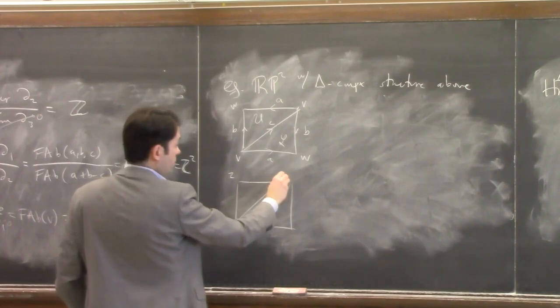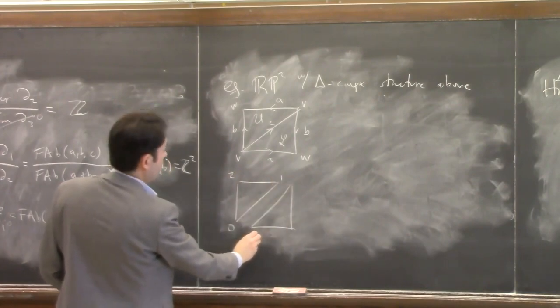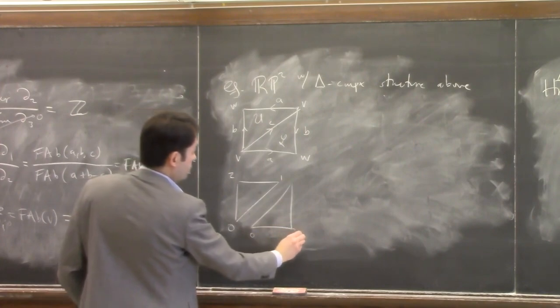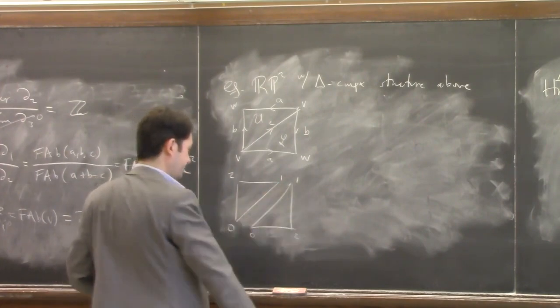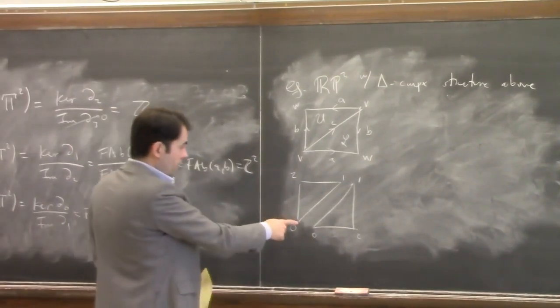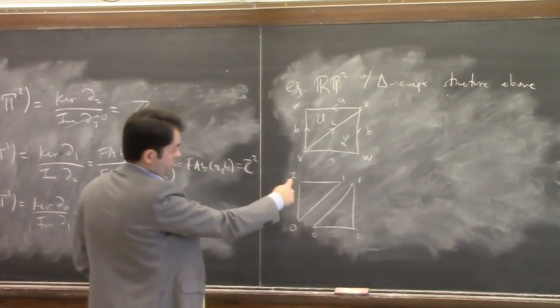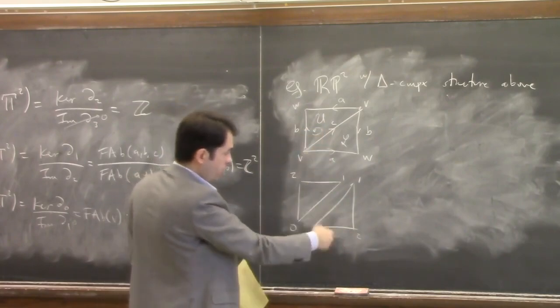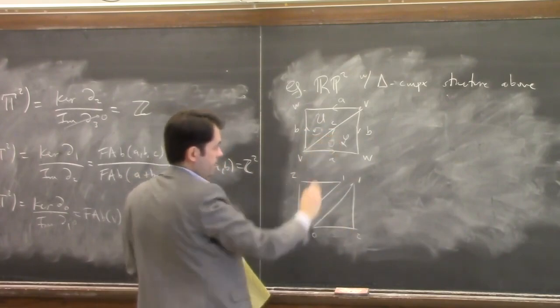0, 2, 1, 0, 2, 1. Right. So this one, they're in the correct order, so we could just go counterclockwise. This one, they're in the wrong order, so we'd have to go clockwise.